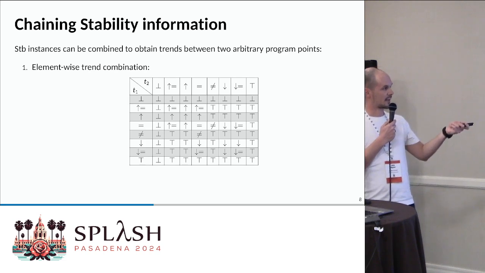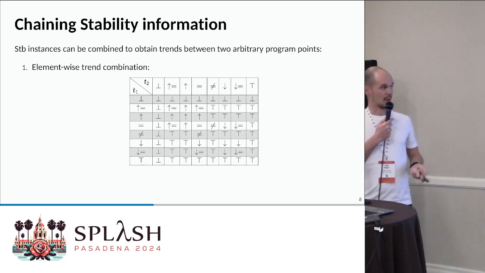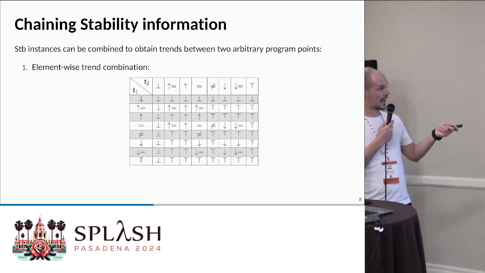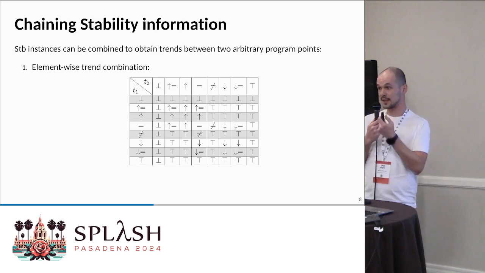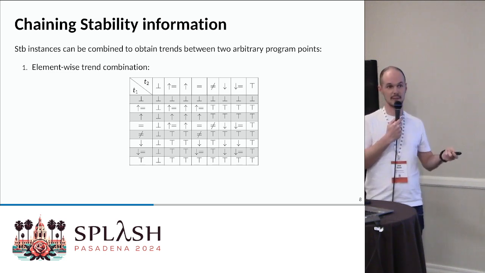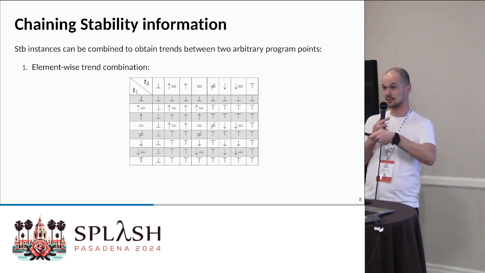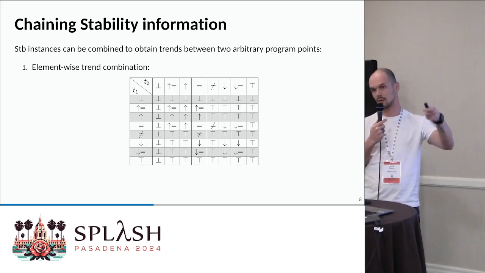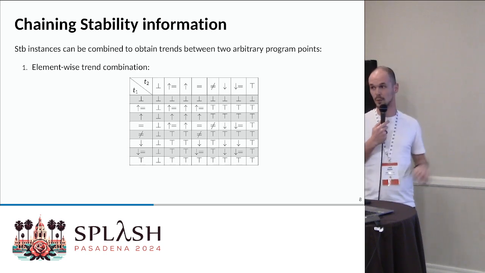If you have a variable that increased and then was stable, then overall it has increased. Instead, if it increased and then it decreased, you go to top, because we're not dealing with the values: it might have gone back to the initial value, it might have gone lower or still higher, so you don't know, you just go to top.